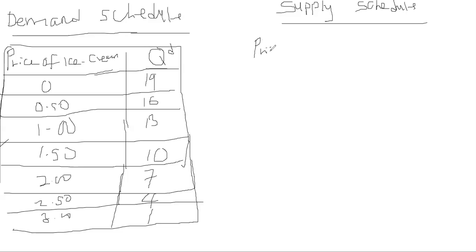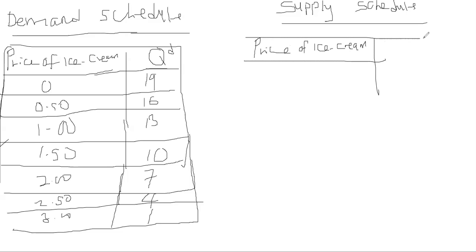So let's look at the supply schedule, the same way. This is the price of ice cream, and then the quantity supplied.